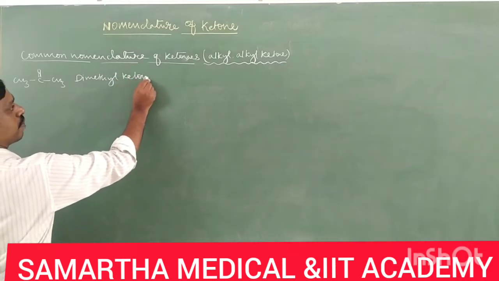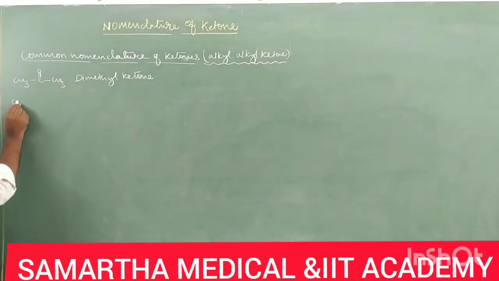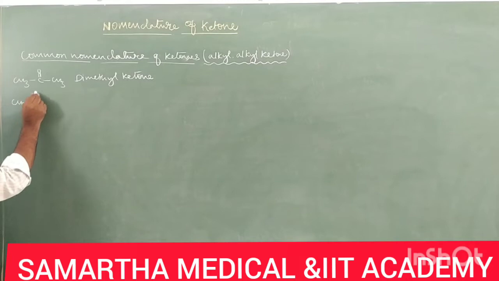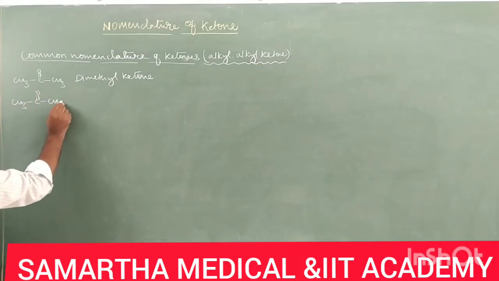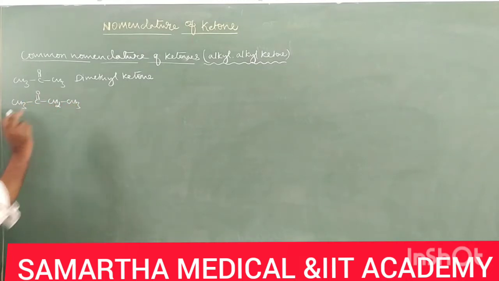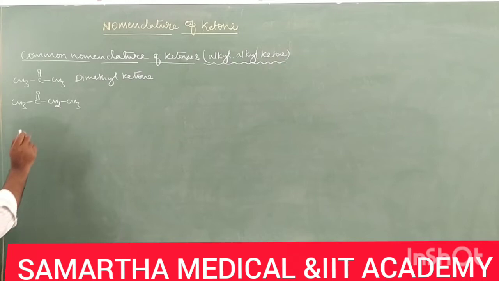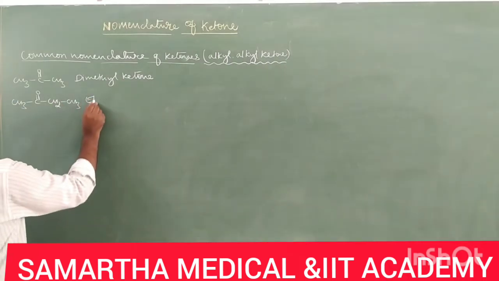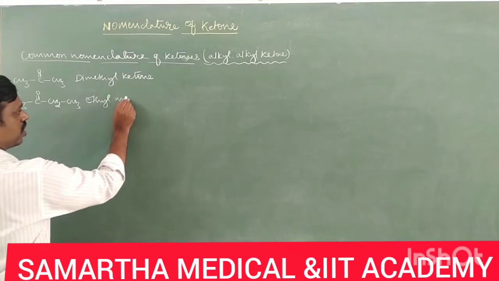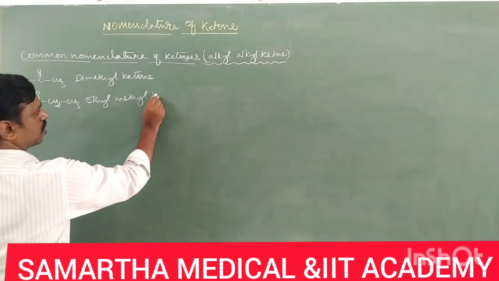Next, if there is one methyl group and another side is ethyl, then we go for alphabetical order. Methyl starts with M, ethyl starts with E, therefore it becomes ethyl methyl ketone.